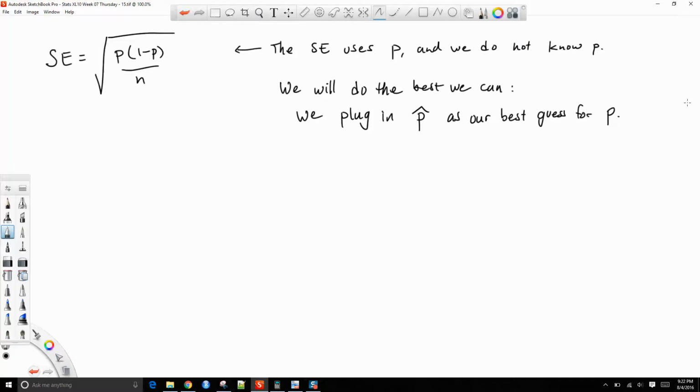And later on in chapter 9, we have a different situation, and plugging in our best guess does have a side effect, and we have to compensate for that later, okay? This is all proven at a higher math level than what we're going to cover in this course. So doing this is not a problem, and mathematically, this is okay.